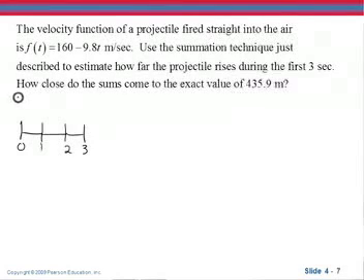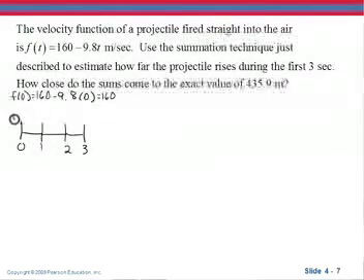Now, let's just do f of 0 first, which is 160 minus 9.8 times 0. 9.8 times 0 is 0, so that's just 160. So at time 0, it's going 160 meters per second. Now how fast is it going at 1?